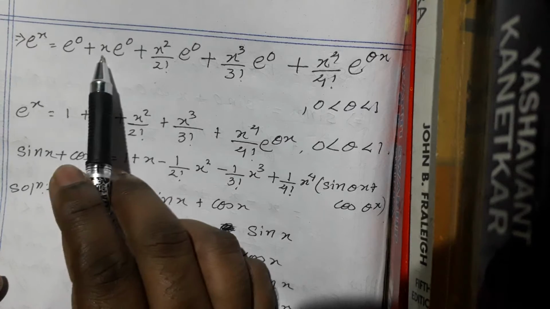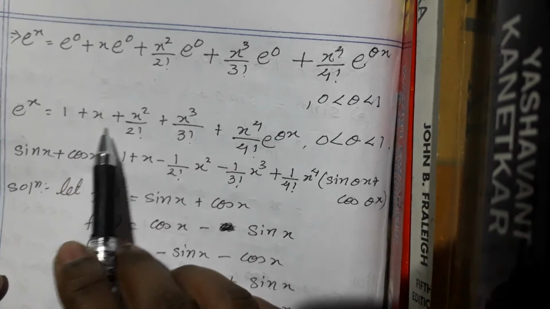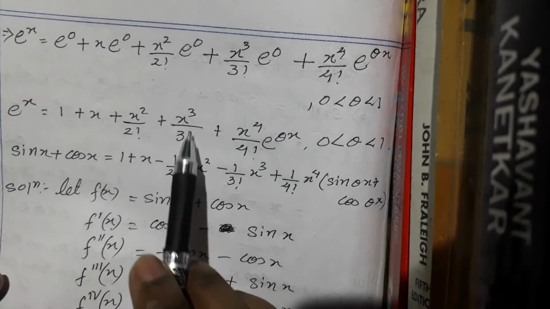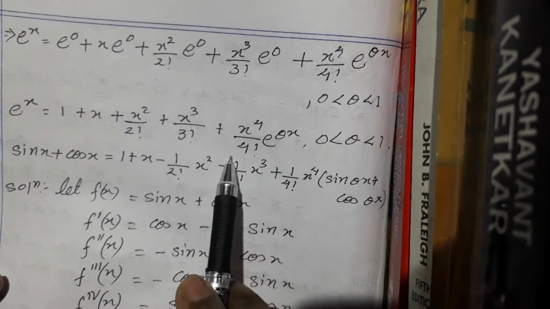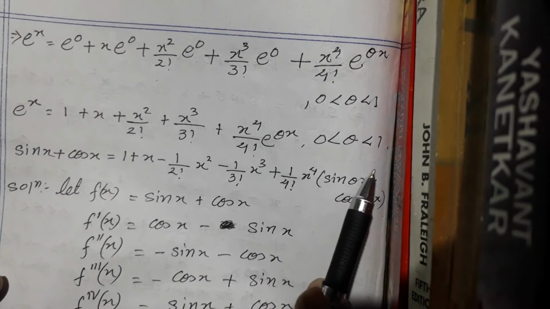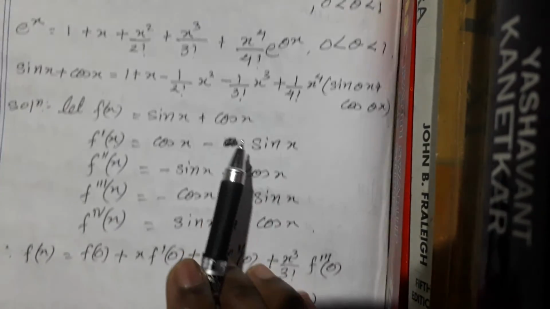You know that e to the power 0 is 1, so we get 1 plus x plus x squared by 2 factorial plus x cubed by 3 factorial plus x^4 by 4 factorial e^(theta x), where 0 is less than theta is less than 1. So that is the expansion of e^x up to the order 4.